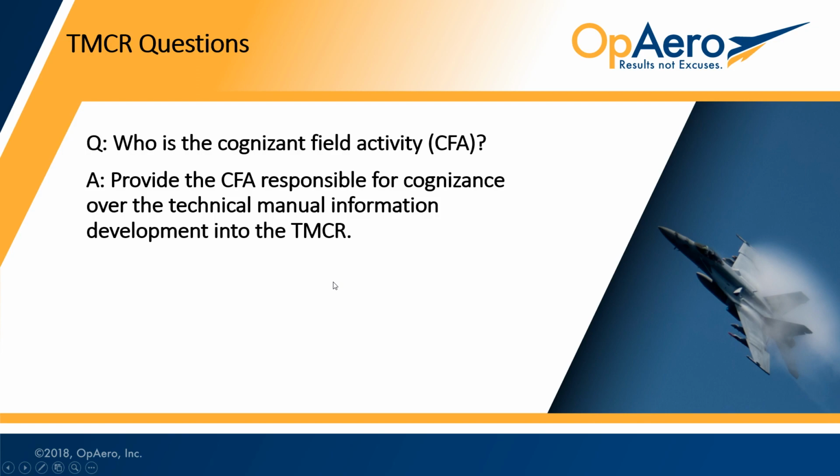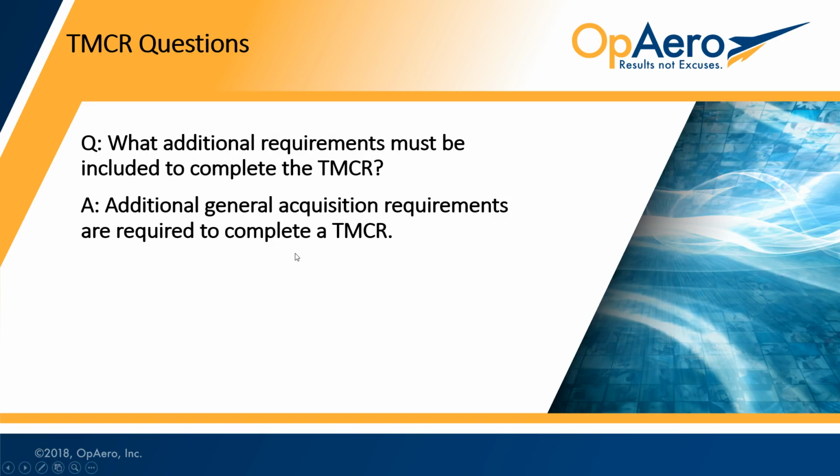Okay, same thing here. Who is the cognizant field activity, or who is the CFA? You're going to provide the CFA responsible for the activity in the tech manual information section of that TMCR. Once again, use boilerplate language. And any additional requirements.